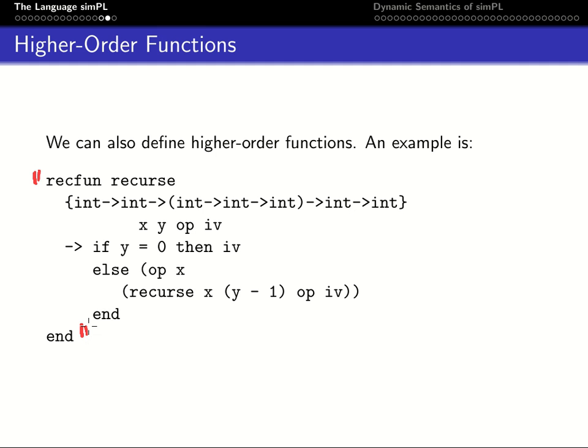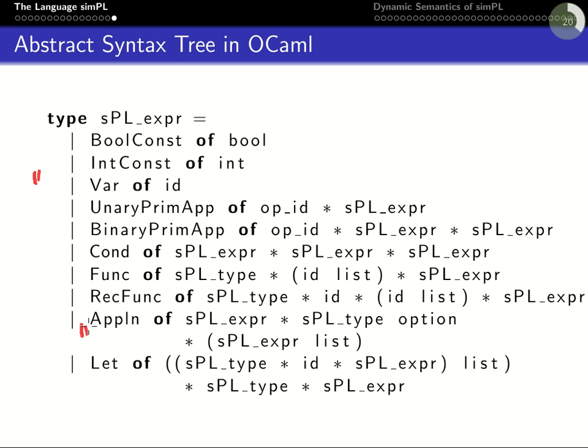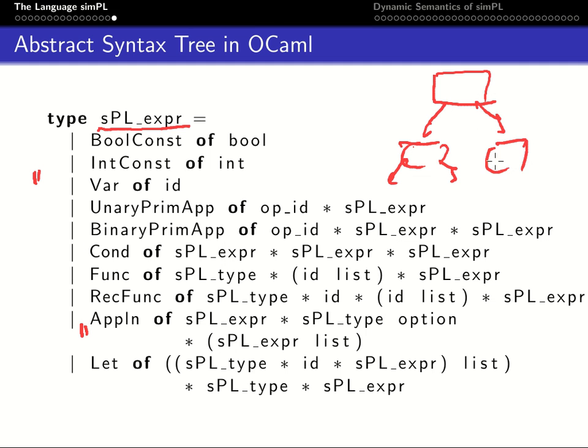The file is read, appears in memory as a string, goes through the parser or syntax analyzer, and you get something like this, an element of the type SPL expression, which has a top level operator and then has sub-expressions, and effectively is a tree. This is what we call a syntax tree.